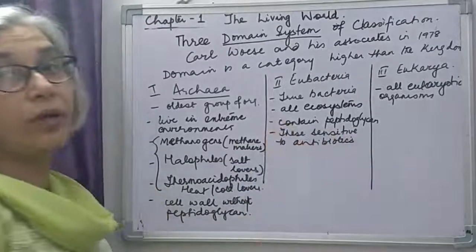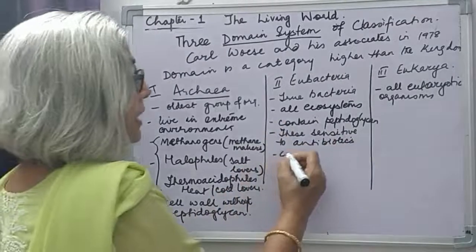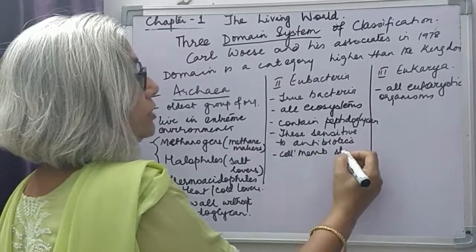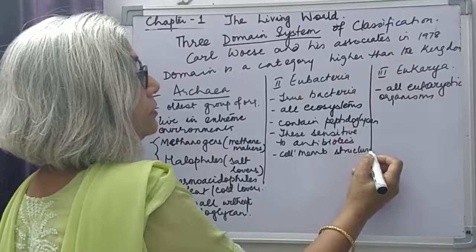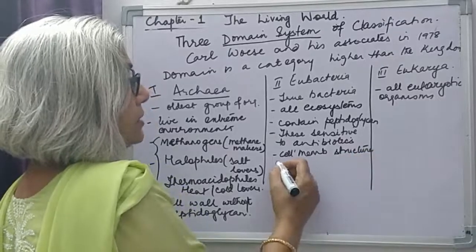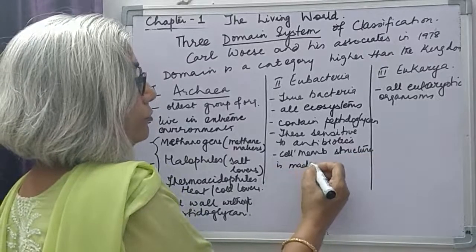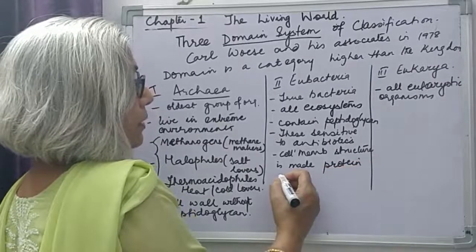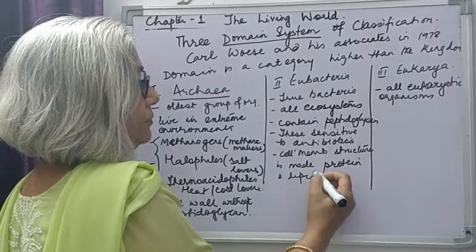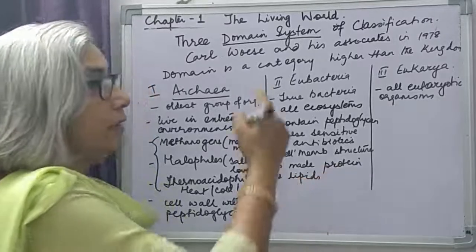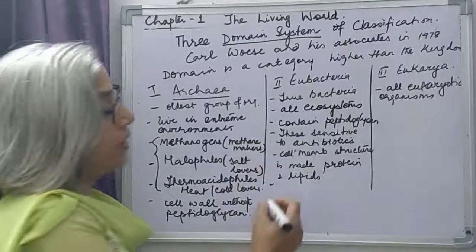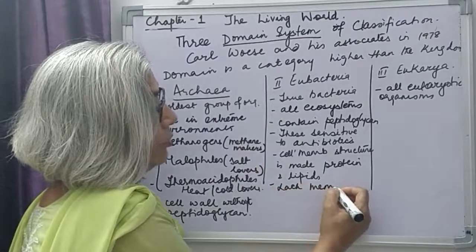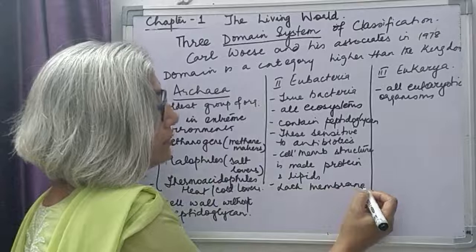These are sensitive to antibiotics, and their cell membrane structure is made up of protein and lipids. And the true bacteria, they lack membrane bound organelles.